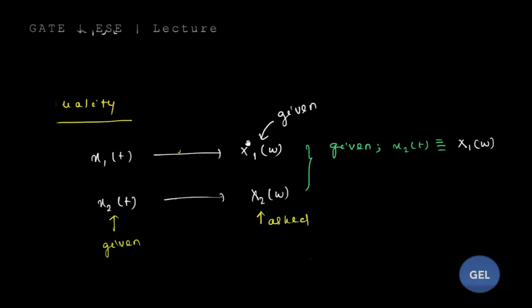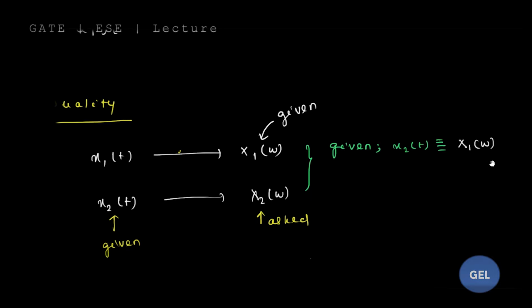Now you need to find X2(omega), and to find it you need to find X1(omega) first. X1(omega) is nothing but similar to x2(t). You'll understand from the example we're going to discuss, but here you need to know the actual idea behind this concept. So x2(t) is similar to X1(omega). Clear? Now we got X1(omega).